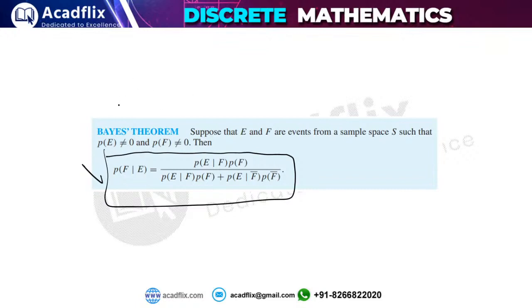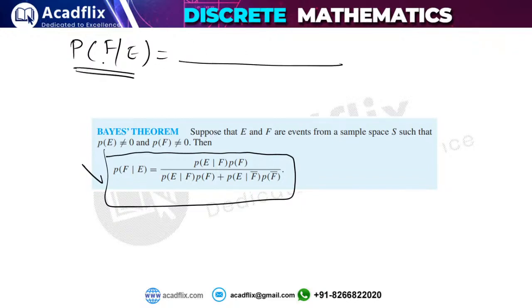So this formula is saying this: probability of F given E is equal to the probability of F given... let me tell you one by one. So how can you get this formula? This is just the conditional probability formula. Probability of F given E is nothing but probability of F intersection E divided by probability of E. Now probability of F intersection E, how can I write it?